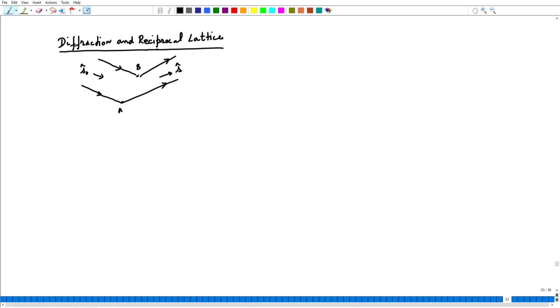Now, this, we also saw, can be considered to be a reflection along a certain HKL plane. And we also defined a scattering vector capital S, which is perpendicular to this reflecting plane HKL.